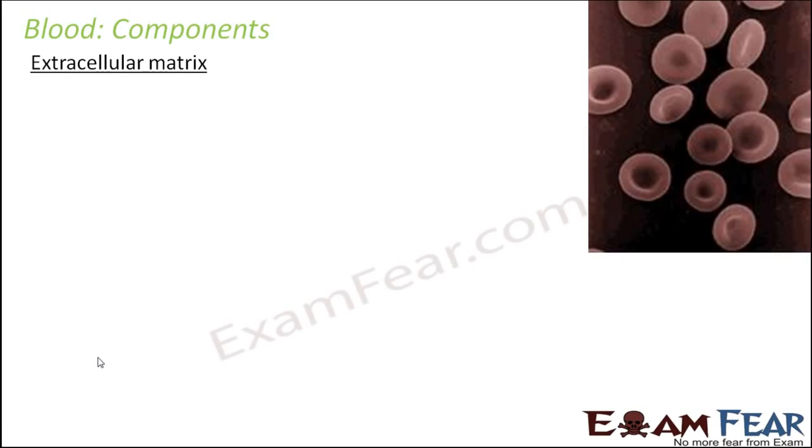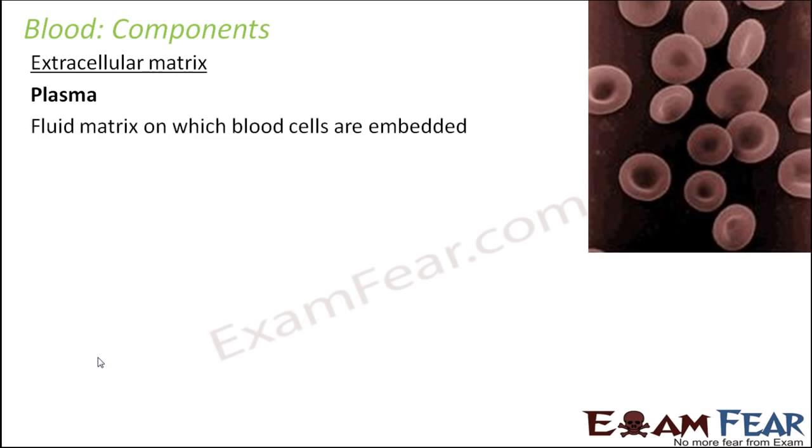Even in case of blood, there is an extracellular matrix, and that extracellular matrix is known as plasma or blood plasma. This is the fluid matrix in which blood cells are embedded. That is the normal characteristic of connective tissue, that there is a matrix and in that matrix the cells of the connective tissue are embedded. Here in case of blood, the matrix is fluid in nature and that is why blood is fluid.